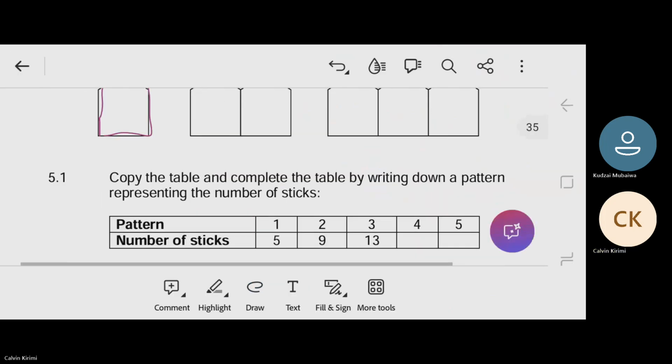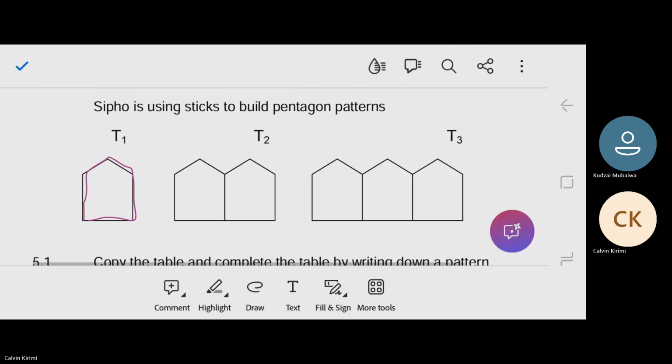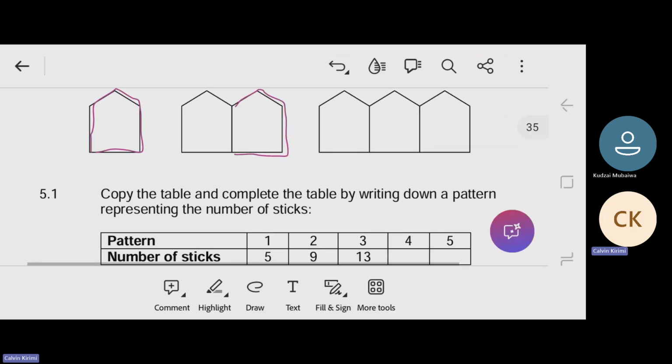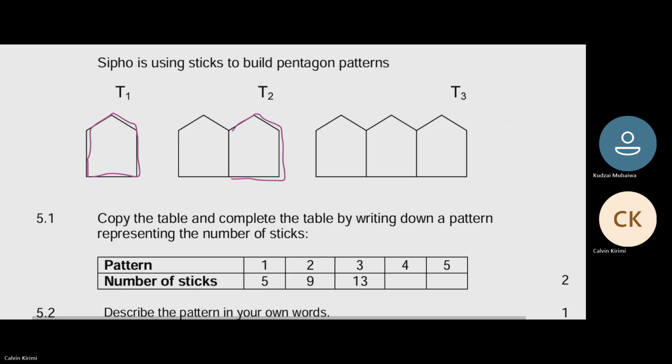So for the sticks, you'll be adding 5, then you add 6, 7, 8, 9. That is where the 9 is coming from. Okay. So let me give you chance to work on it. You tell us the next number in the pattern.